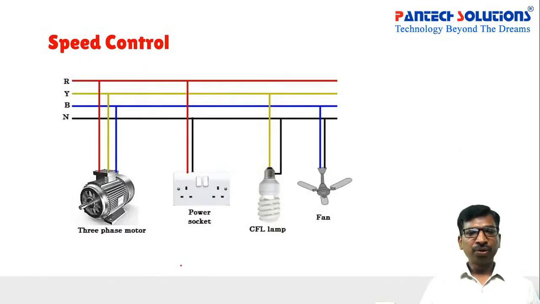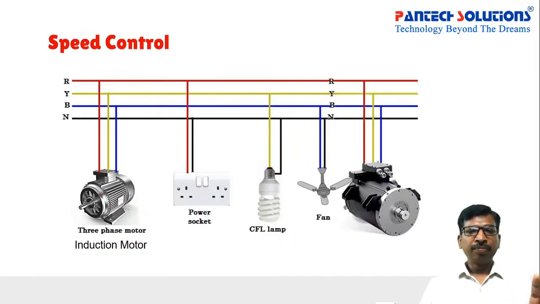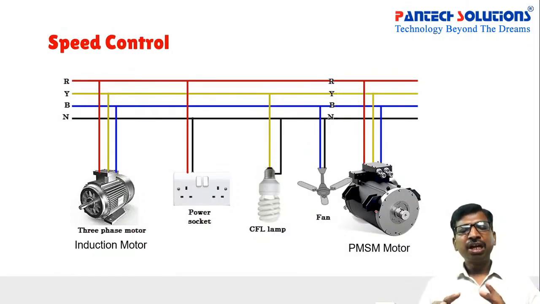And if you talk about the speed control topic, in the existing method, if you take a 3-phase induction motor, you can directly connect it to the RYB system without any rheostats, and the motor will give you the proper solution. But if you take a synchronous motor and connect it directly to the three-phase RYB system, it will give you some speed, but not the exact speed or exact performance.